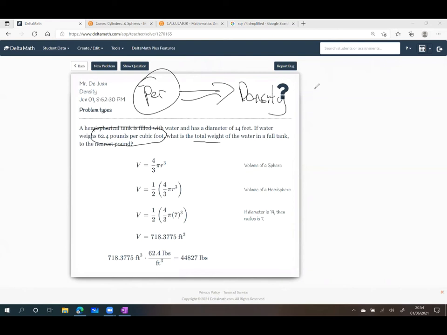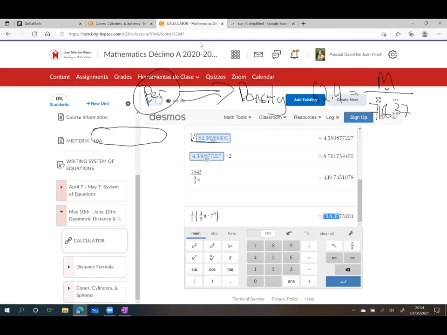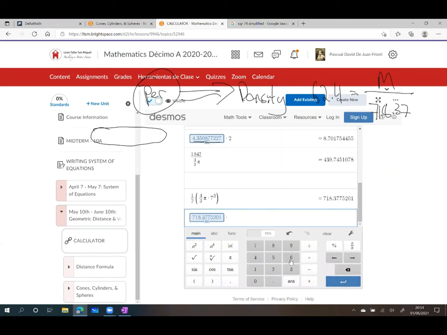So if we know that the density is 62.4, and we have the volume already, 718.37, and we're looking for the mass, well, we just have to multiply the two numbers together as we did. Enter 718.37, answer multiplied by 62.4.